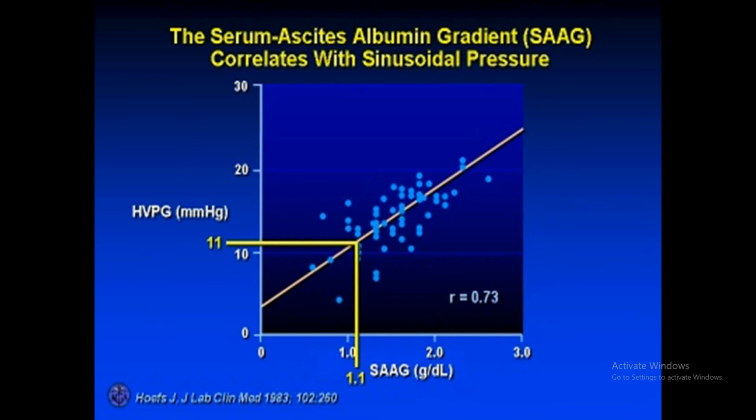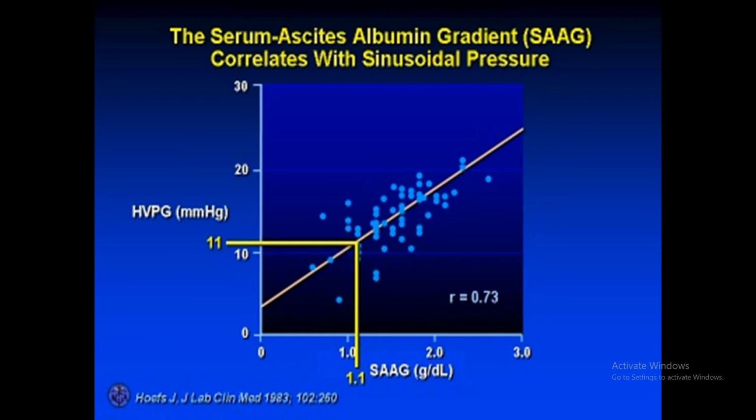The ratio, we should always remember, we should calculate the ratio, SAAG, the serum ascitic albumin gradient. You will calculate the serum albumin minus the albumin in ascites. This is called the SAAG.